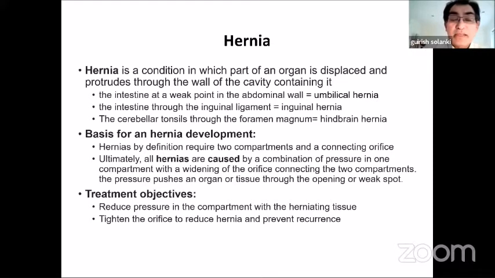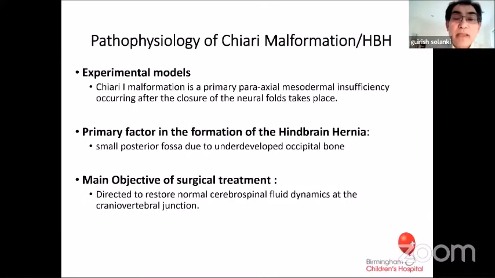So I think that's the point that we must keep in mind, that if we are treating a hernia, even if it is in the foramen magnum, increasing the orifice is likely to provide the opportunity for further herniation of the contents of one compartment, particularly if they have increased pressure in that compartment.